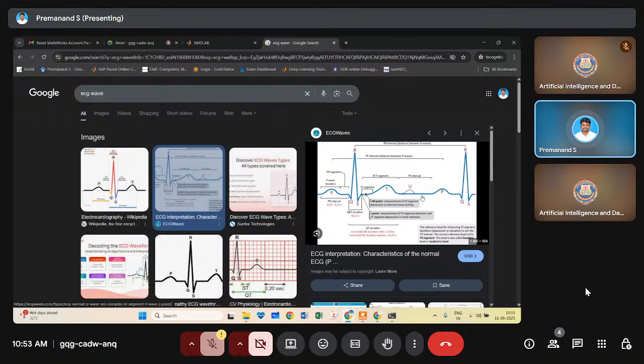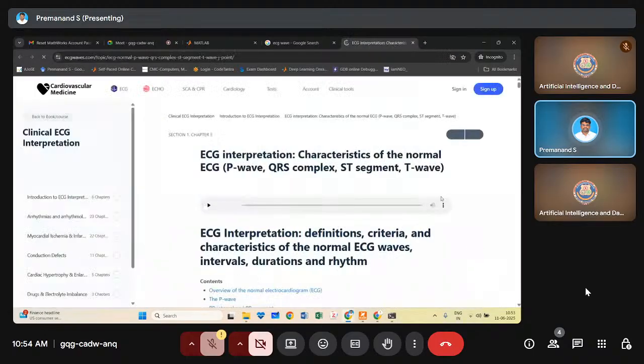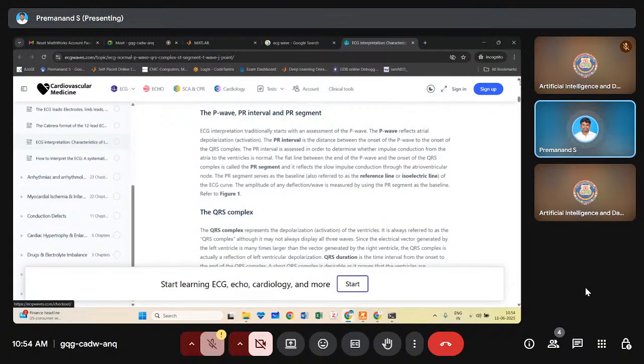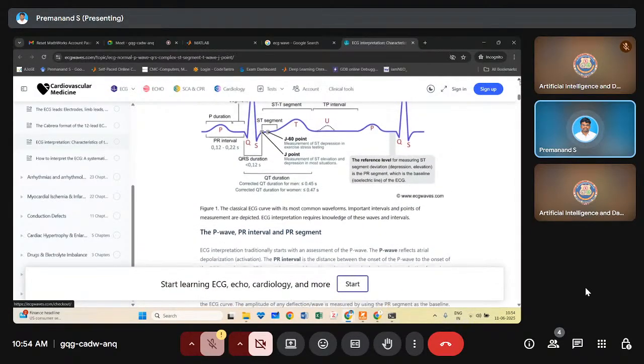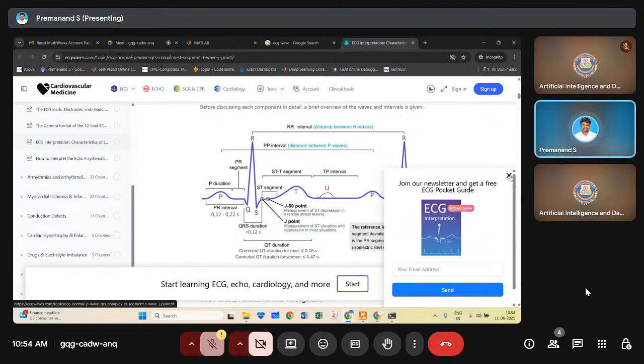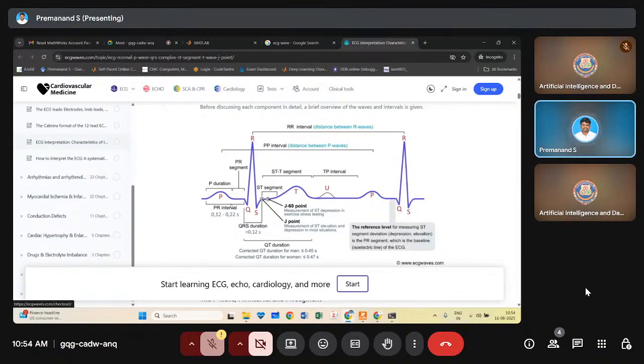What does that mean? QRS complex, P waveform. For every waveform, we have some durations. For example, on this particular website we have so many values. This is the P waveform in general, but there is also P duration and P interval.